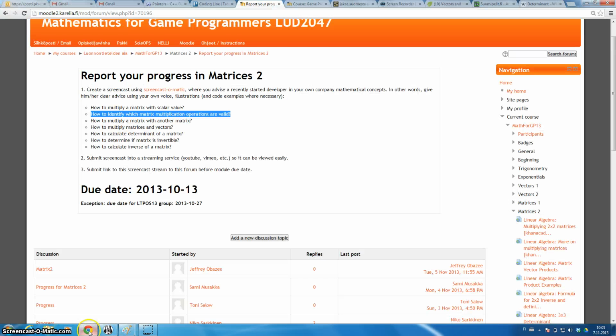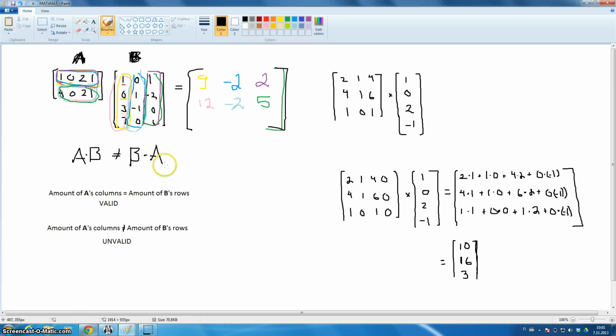Okay, let's move on. How to multiply matrices with other matrices.